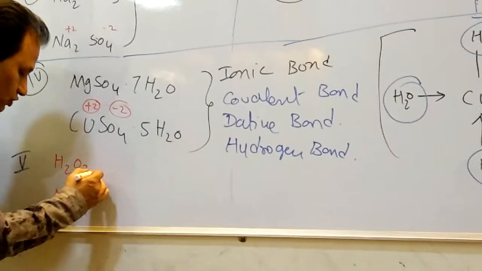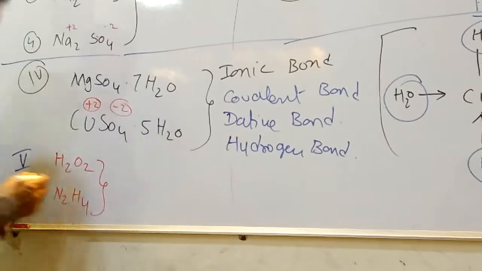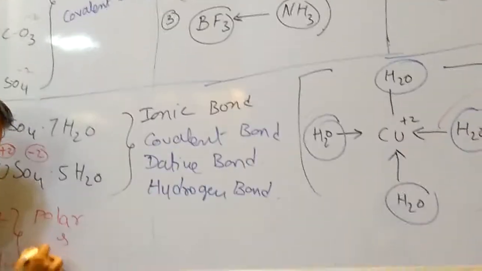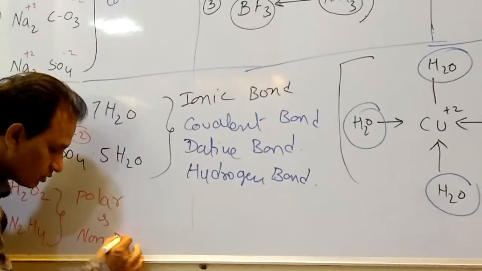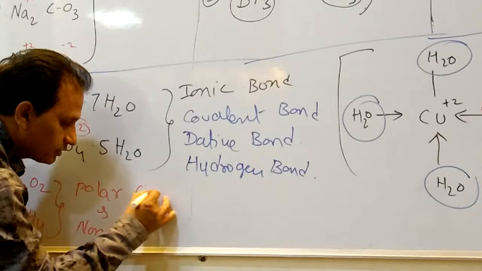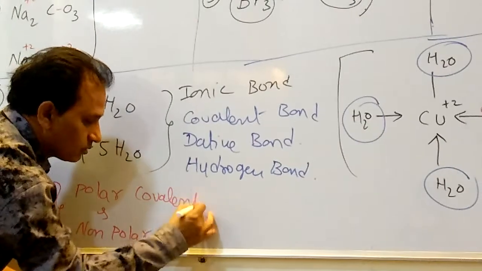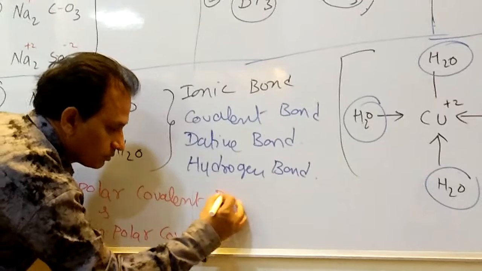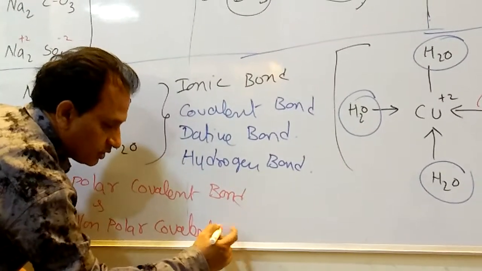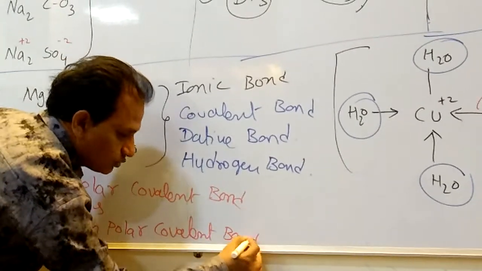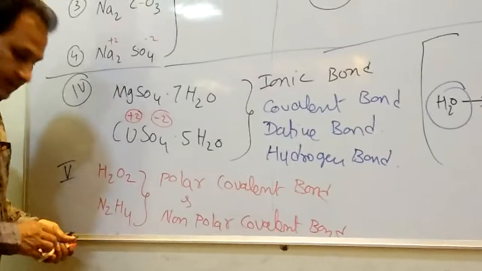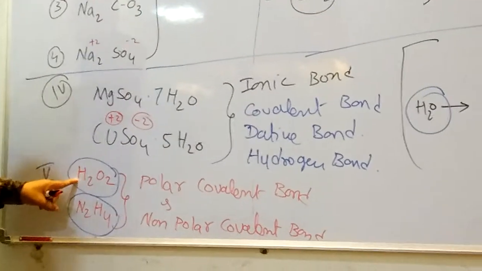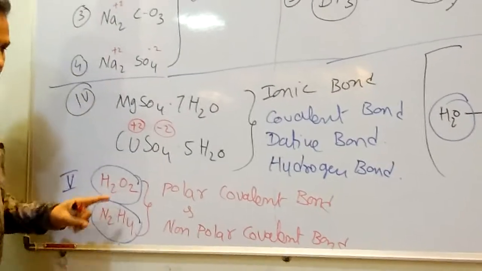N2H4 and H2O2 show both polar and non-polar covalent bond. Both polar and non-polar covalent bonds are present only in these two, H2O2 and N2H4, hydrogen peroxide and hydrazine.